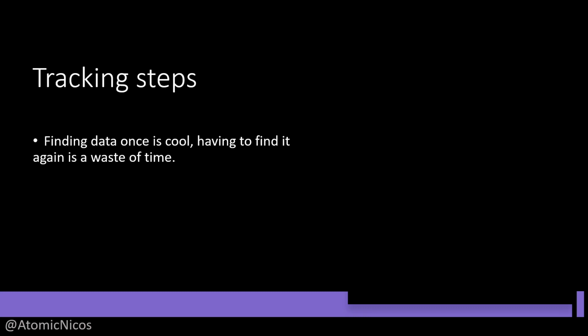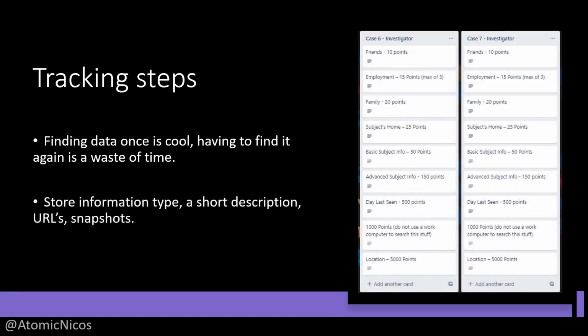If you're losing time during another investigation, it's fine. But why do things twice, right? Okay. So ideally, you could store information type, a short description of what that information brings you, URLs, maybe a snapshot.